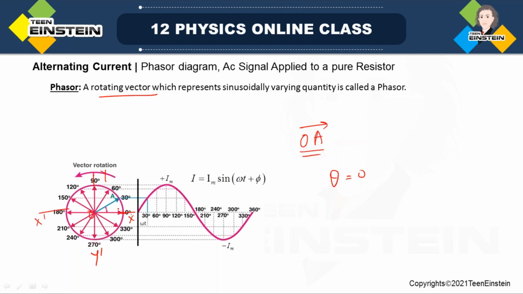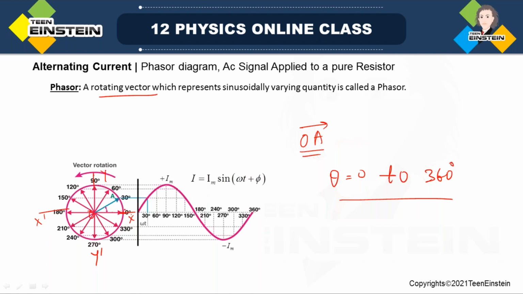The rotating vector will rotate in the anti-clockwise direction in a circular path, all the way from 0 to 360 degree.